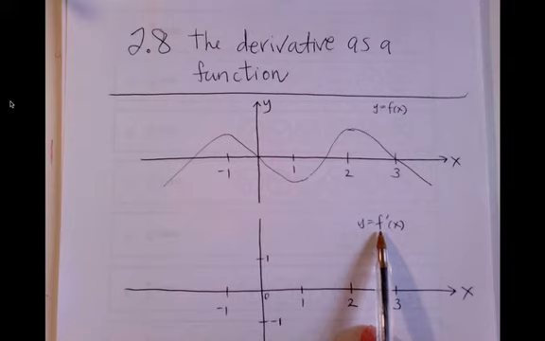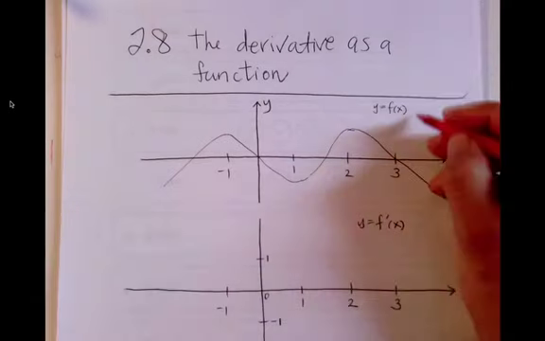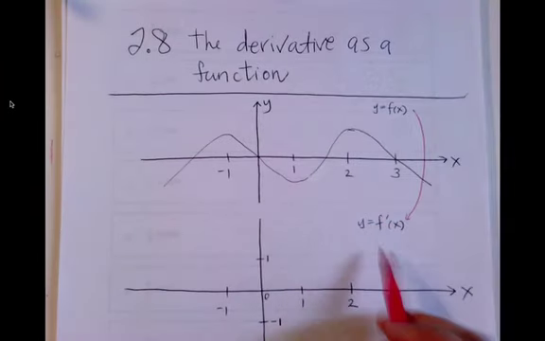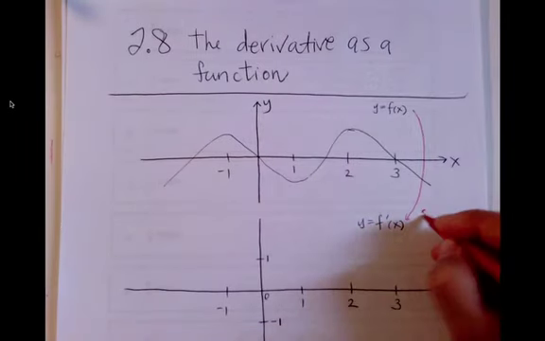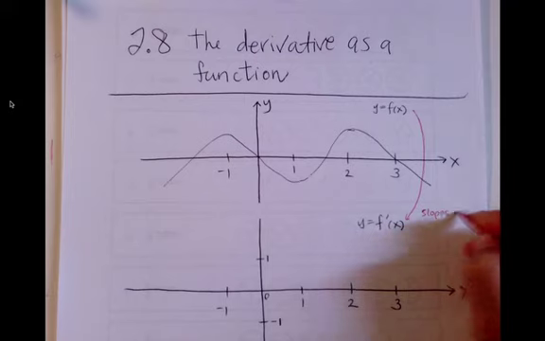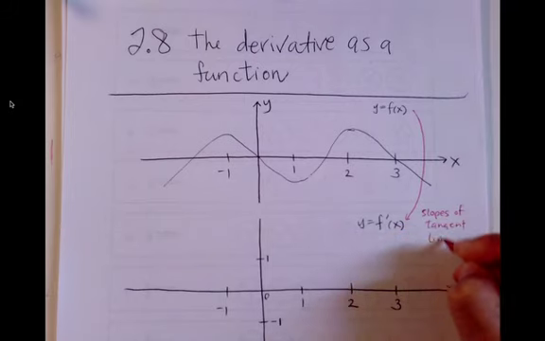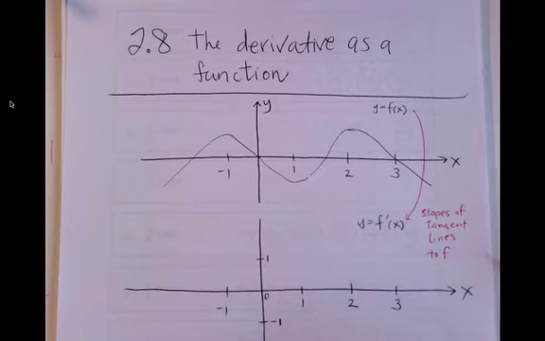Just a basic sketch. The key idea is that the derivative is just giving me slopes of tangent lines to f. So I'm going to do just a very rough sketch.